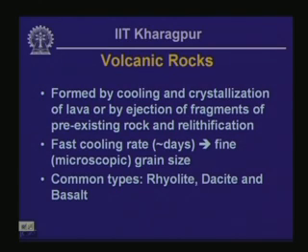Sometimes there are no visible crystals within the rock mass, and the common types of volcanic rock include rhyolite, dacite, and basalt. Basalt in fact forms a very large proportion of all igneous rocks available on the surface of the earth or near surface.